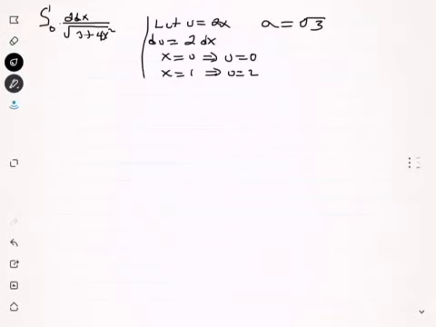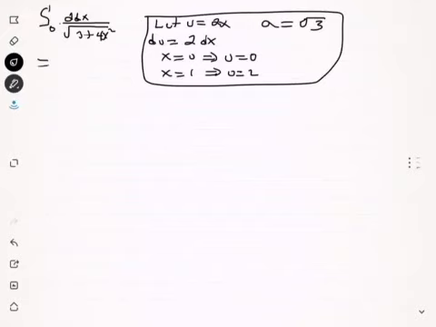With these substitutions, this integral becomes the integral from 0 to 2 of du over the square root of a squared plus u squared.